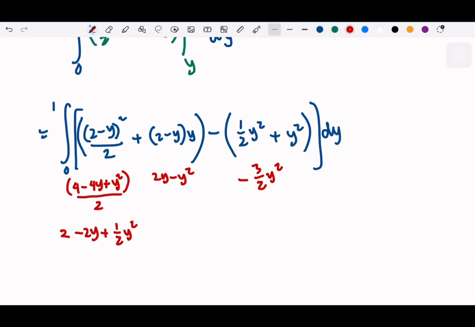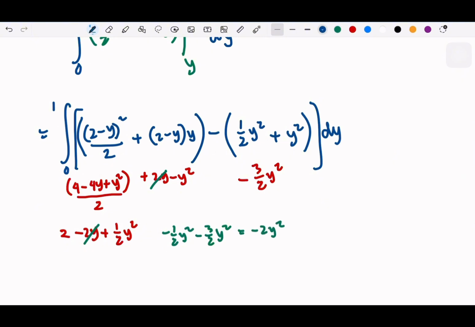So I will cancel this with that. And then plus half y squared minus y is minus half y squared. Minus 3 over 2 will be minus 4 over 2, which is minus 2y squared.